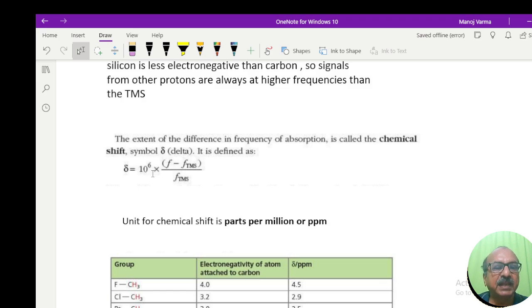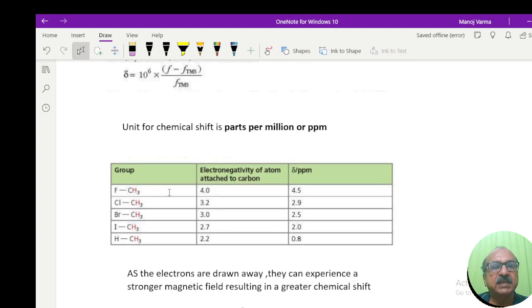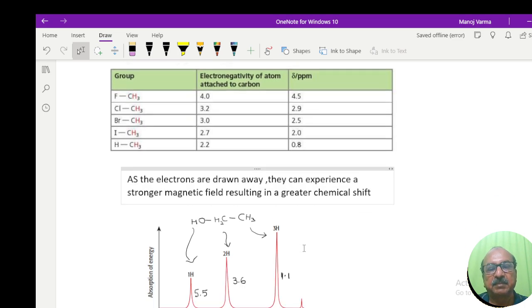So because it is a million, therefore the unit is called parts per million, or ppm. So the unit for chemical shift is ppm. And now the frequency or the chemical shift will depend upon the nature of the atom which is attached to the carbon. More electronegative the atom, greater is the chemical shift, because the electrons are drawn away and they can experience a stronger magnetic field, resulting in a greater chemical shift.